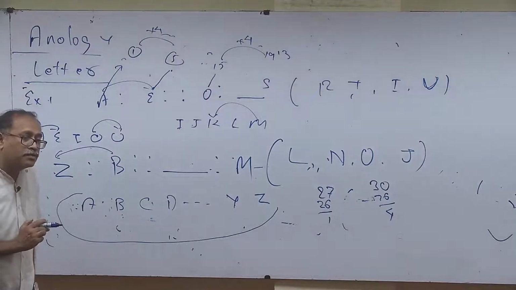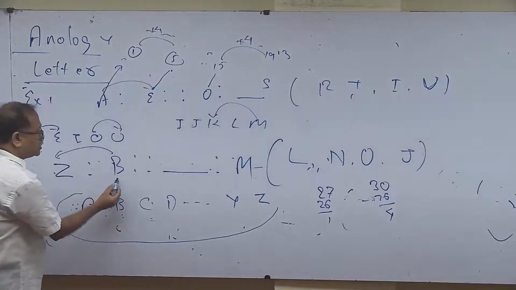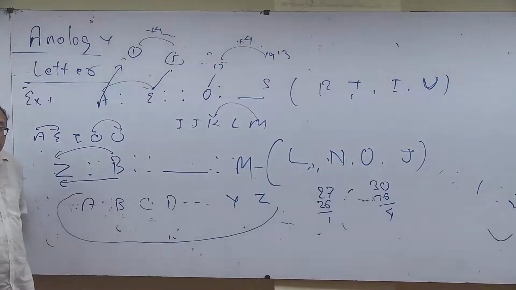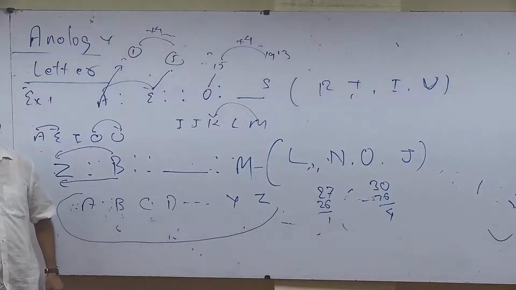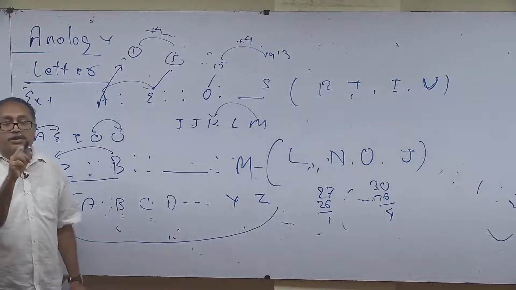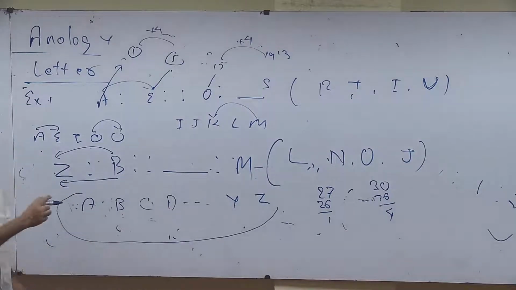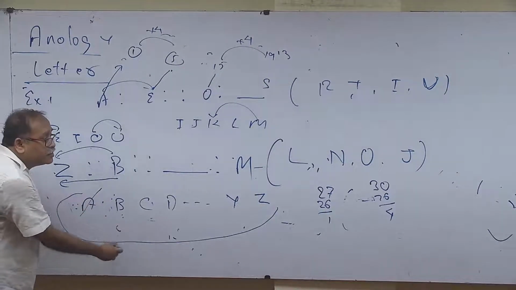Opposite? No. Can I say that this is a preceding consonant? Look at that, B, then the preceding consonant. We are talking about the preceding consonant, succeeding consonant, preceding vowel, succeeding vowel, right? So this is a vowel. Before B, which is the consonant?